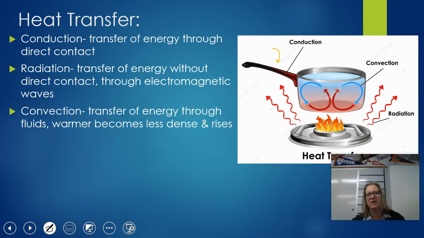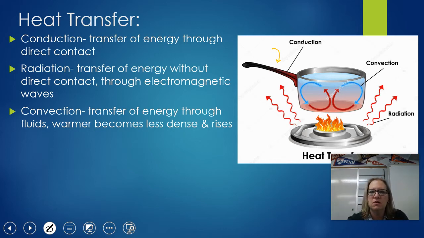And the last one, which is my favorite, and I'll show you some demos on this, is convection. That's the transfer of energy through fluids. This is why we say things like hot air rises. When a fluid, a liquid or a gas, gets warmer, it spreads out and becomes less dense. The less dense fluid floats and causes the colder, more dense fluid to sink.